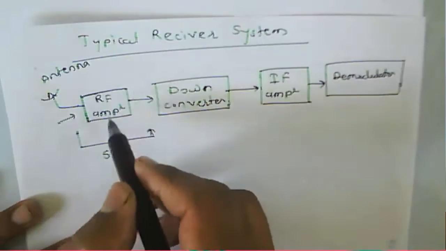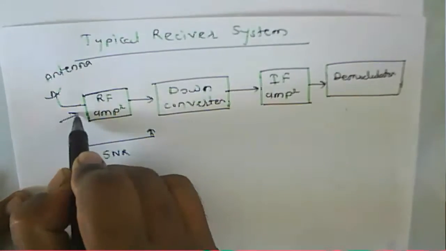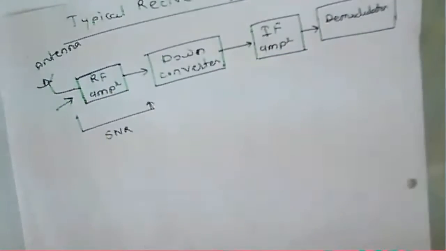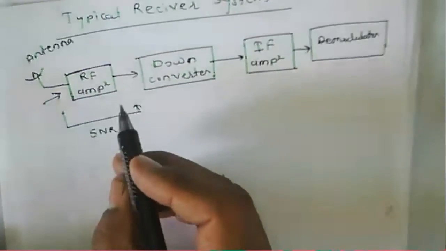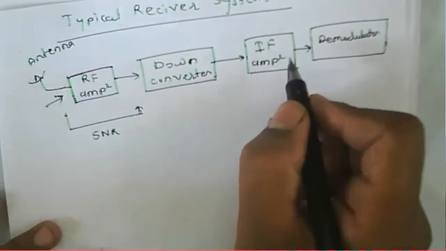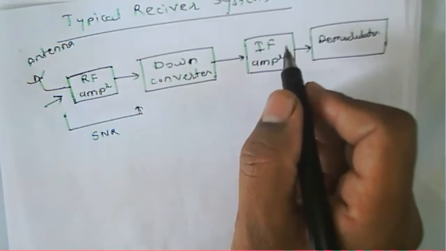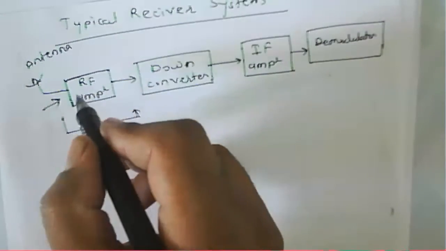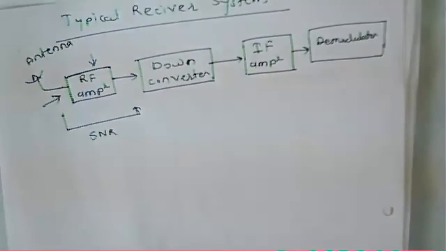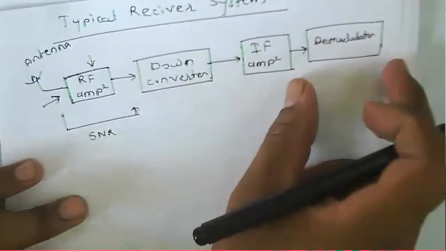So we need to remove the noise at the RF amplifier itself so that the system will not transmit it to all the other components. Because whatever changes occur at this RF amplifier because of the temperature, noise will be added, and then the same amount of noise will be passed to all the other components.